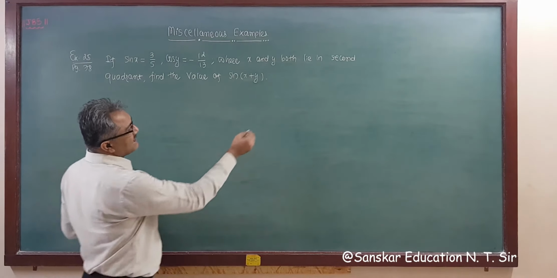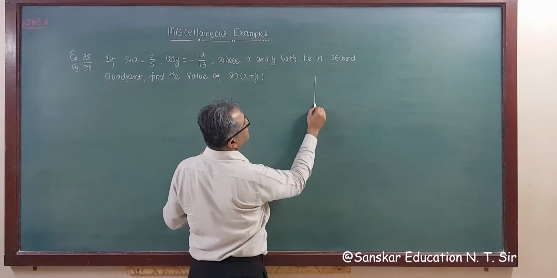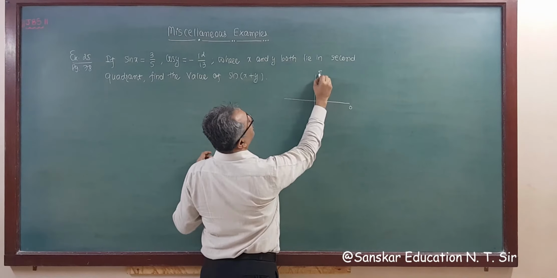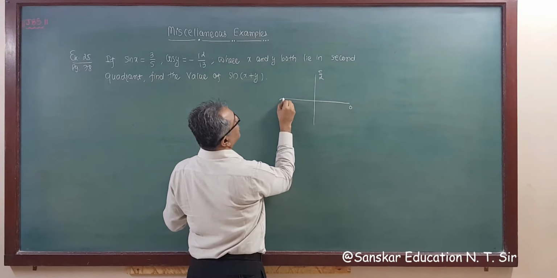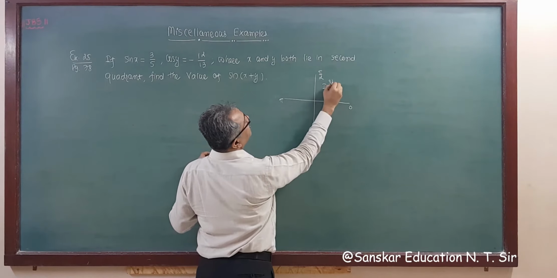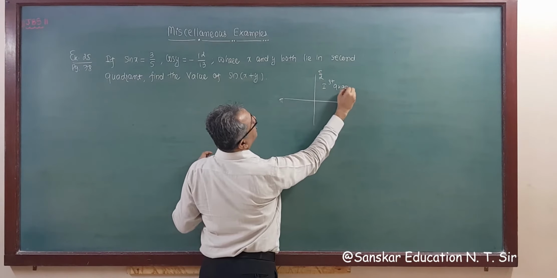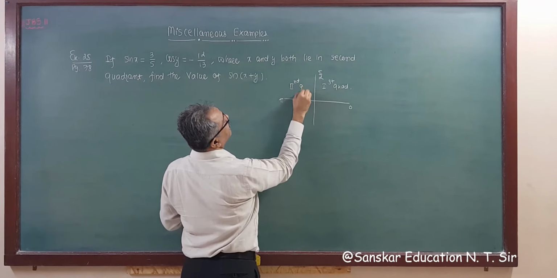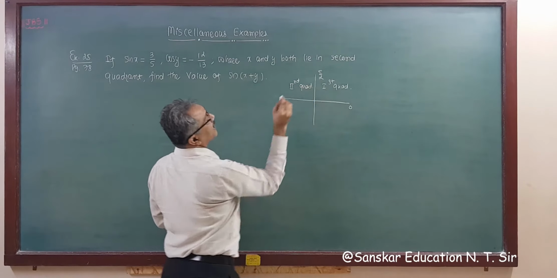You know the second quadrant: this is the first quadrant from 0 to pi by 2, and pi by 2 to pi is the second quadrant, right?